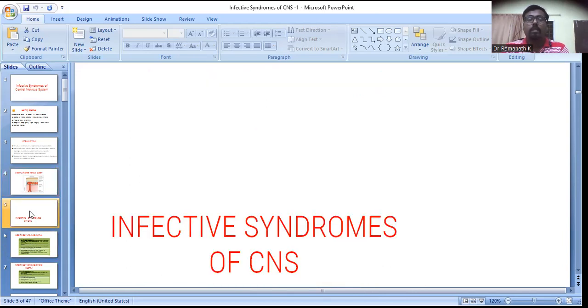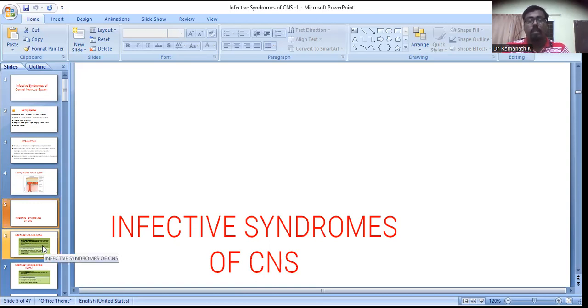And then next, we are going to study about various infective syndromes. So infective syndromes include infections of these various parts, what I already discussed, like the inflammation of the meninges, inflammation of the brain tissue, that may be either encephalitis or encephalopathy, or we can have the space occupying lesions by some of the condition like brain abscess, and even we have to study about the shunt infection.